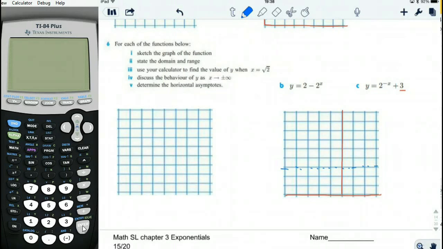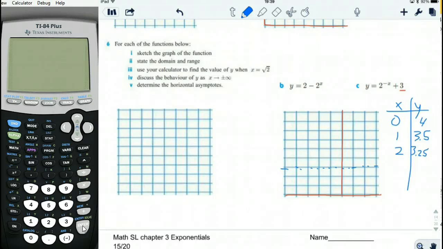Okay, and let's plot a few values then. If I put x equals 0, it's going to be 1 plus 3, which is 4. If I put x equals 1, it would be 1/2 plus 3, which would be 3.5. And x equals 2, that means it would be 2 to the negative 2, which is 1/4 plus 3, which is 3.25.